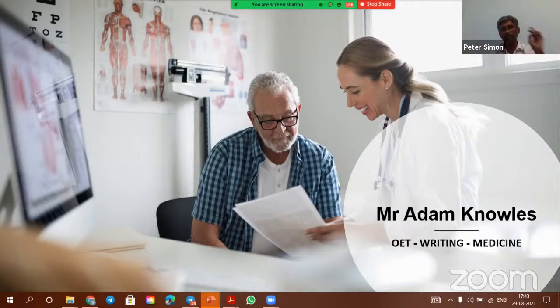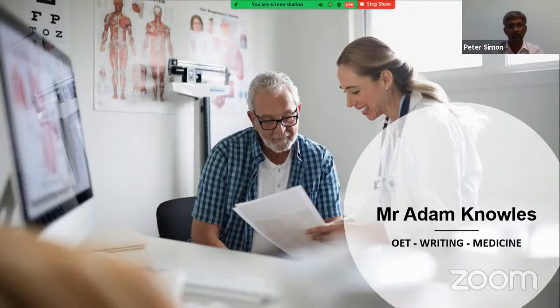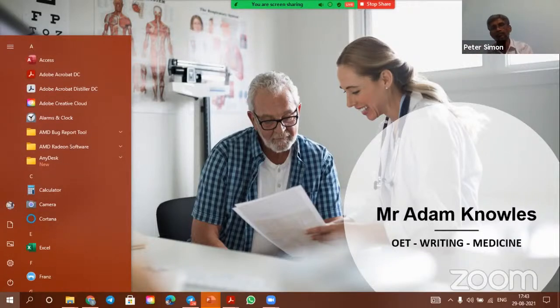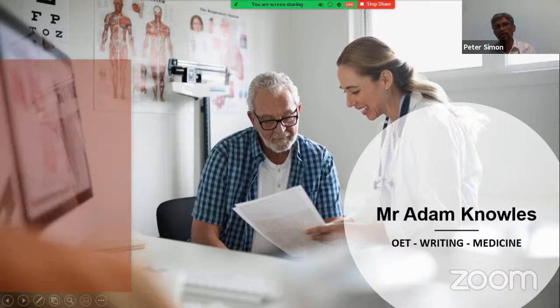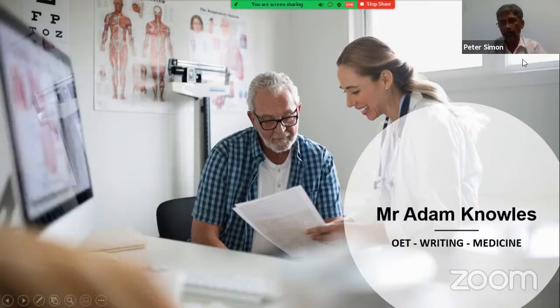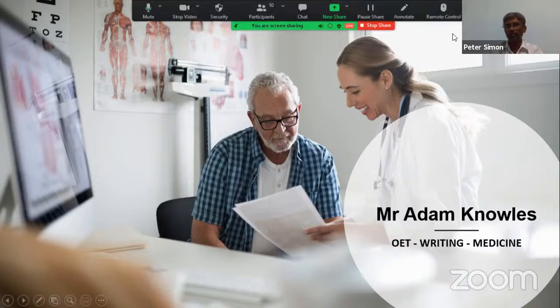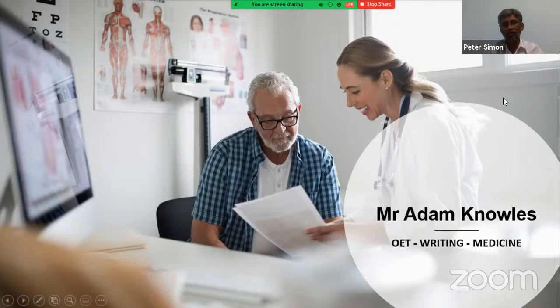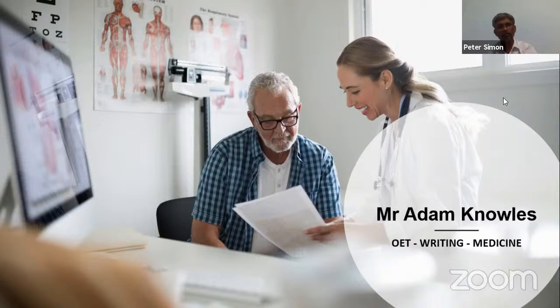You have the letter. You're going to write regarding Mr. Adam Knowles. And this is OET writing, and it is for medicine. So Mr. Adam Knowles is the name of the patient. So that's very clear. And this is a medicine specific writing task.